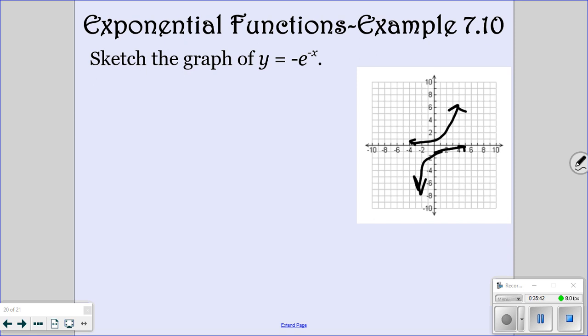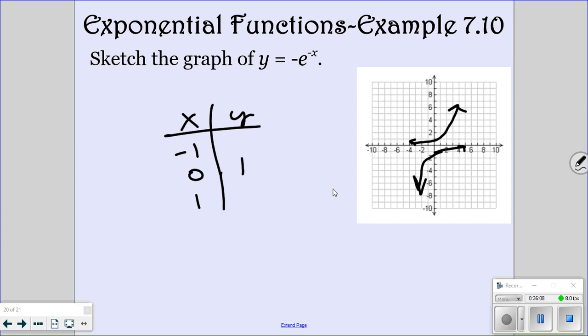It's not exactly like that, but that's mostly what it would look like. And again, you could do an xy chart and plug in -1, 0, and 1. 0 is going to give you a 1, so that's why we have to go through that point right there. And then you plug in a -1 here, and you plug in a 1, and you get your decimals, and you would just plot them. So if you're ever not sure, you can always do it that way.